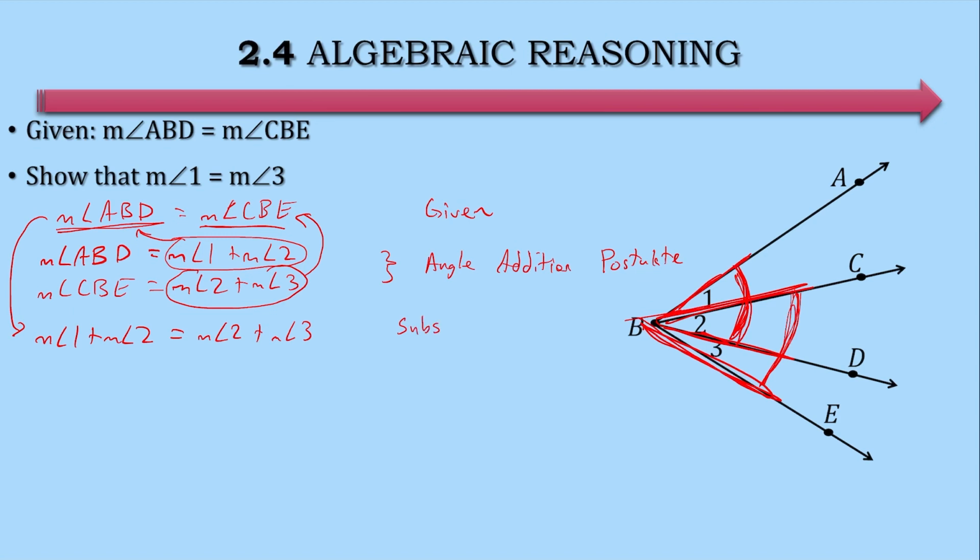That is substitution. Now I want just measure of angle 1 and measure of angle 3. I don't want the measure of angle 2. Conveniently, it's on both sides, so we could just subtract it. What did we do? We subtracted. And notice, we're left with what we were trying to get. Measure of angle 1 equals measure of angle 3.